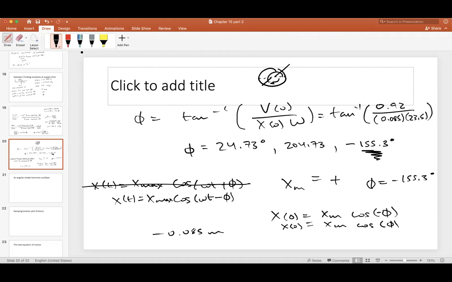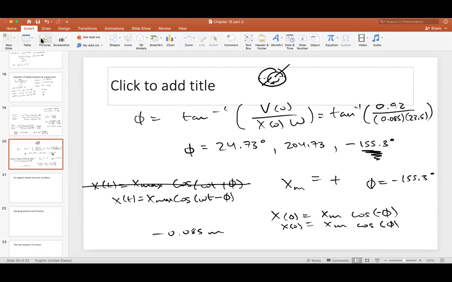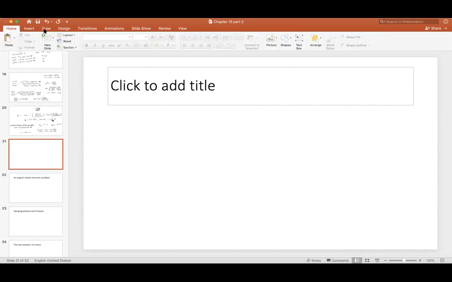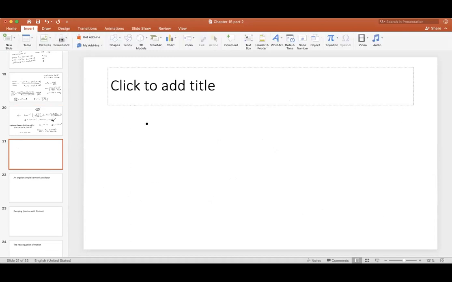And if we look at this, then we get that x naught was xm times cosine of negative phi, which is xm of cosine of 155.3 degrees. You can turn that into rads if you want, it doesn't matter. So what is xm?